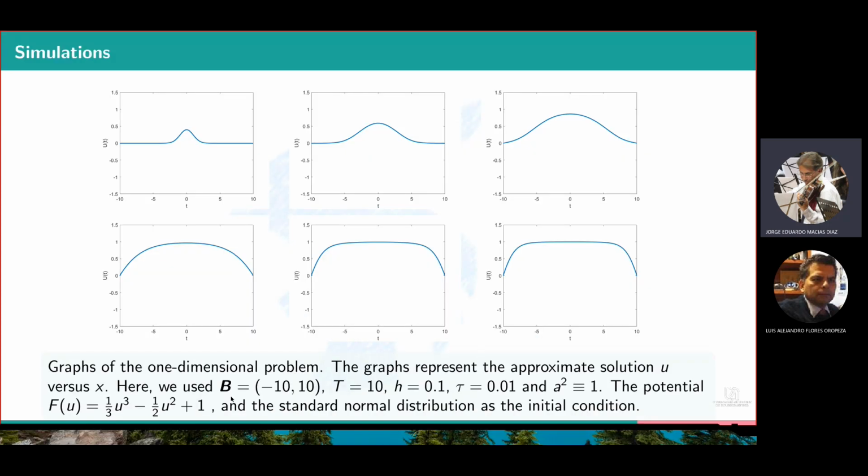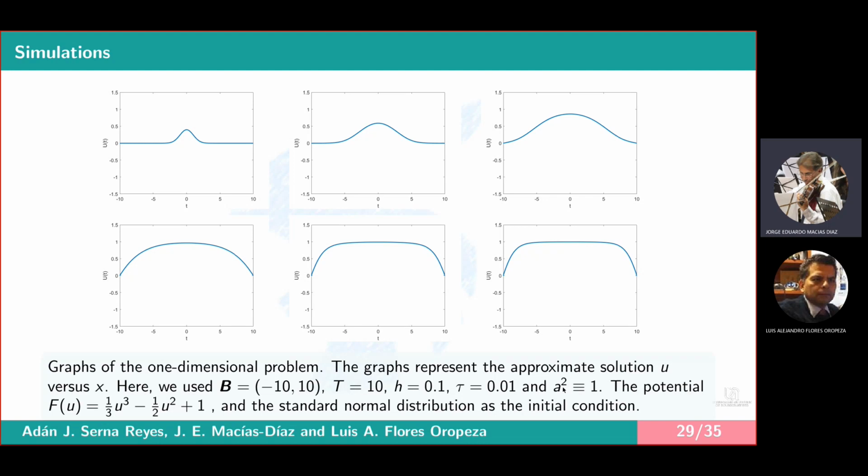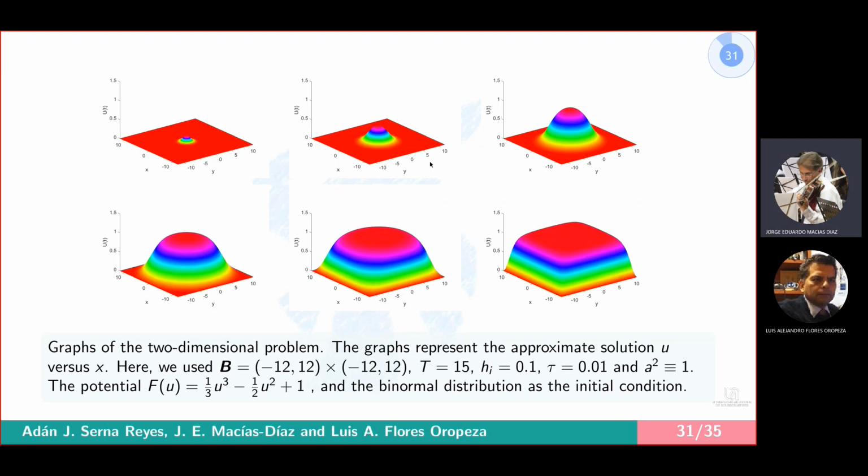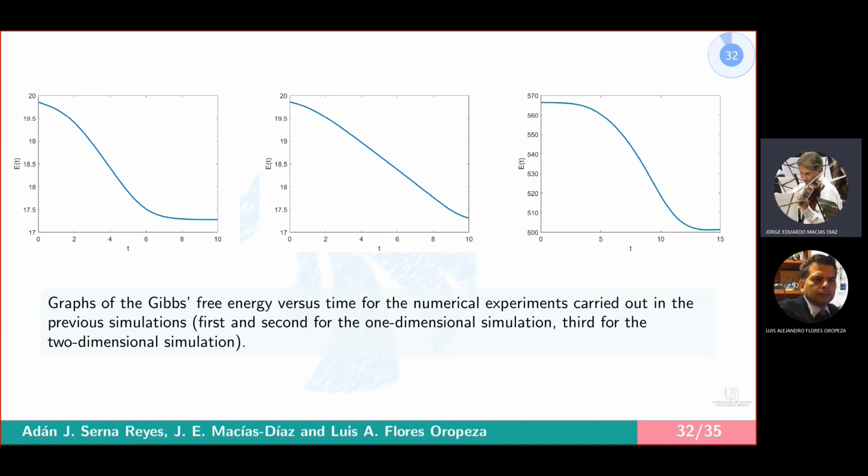Finally, some simulations. We're going to produce some simulations for A equal to 1, for F given this form. These are snapshots at different times. There is another set of simulations, it's this one, and even in 2 dimensions. For the 2-dimensional case, we have this set of simulations. But more important than this is the behavior of the energy.